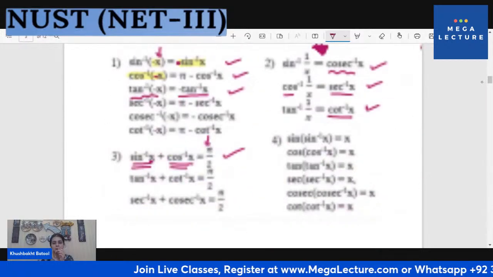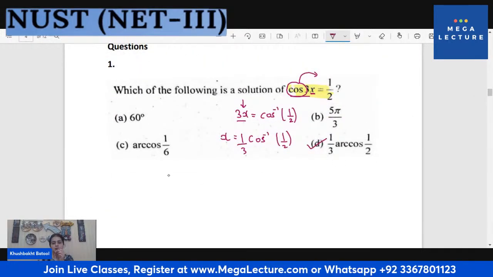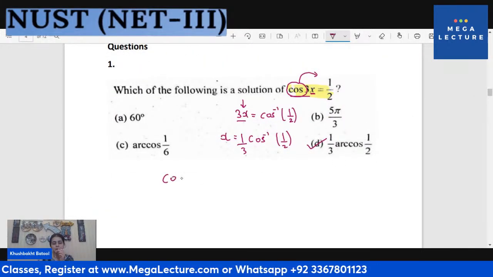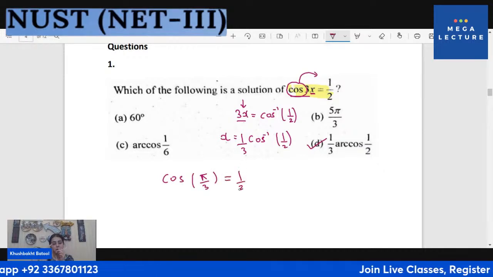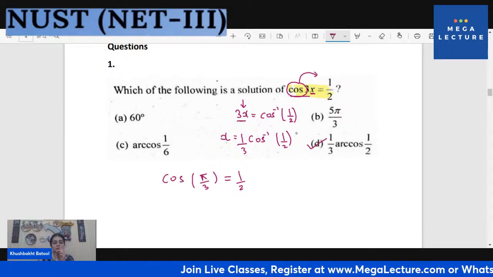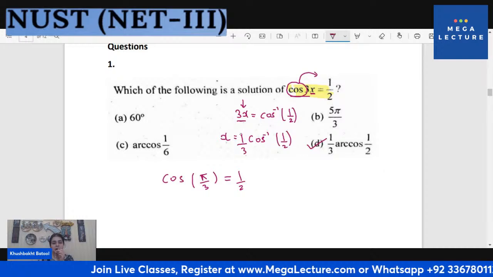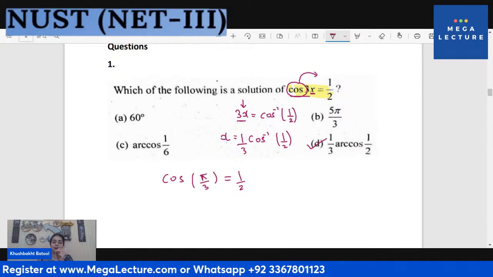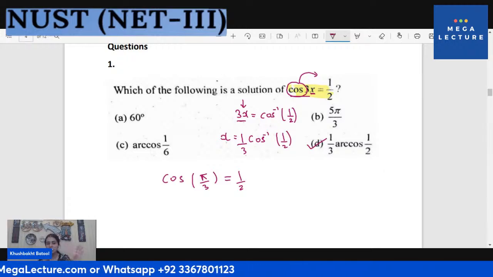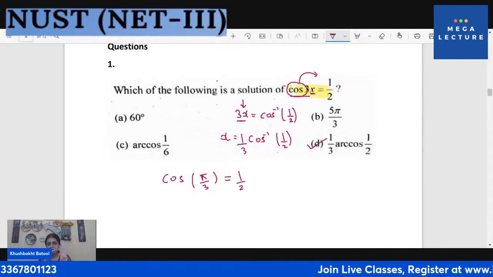Fair enough. So it means that 3x would be equal to pi by 3, and when I divide by 3 on the other side, this would give me pi by 9. So I do not have pi by 9 anywhere. 60 degrees is not the correct answer. So the only choice that is correct for this scenario is option D.